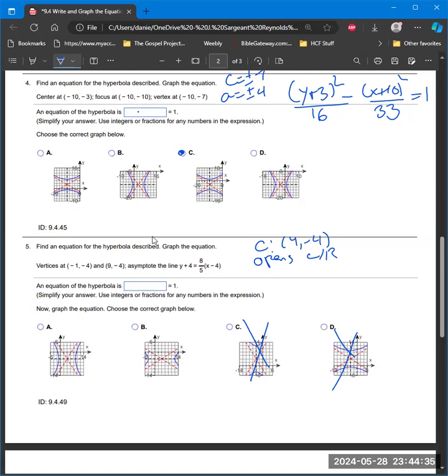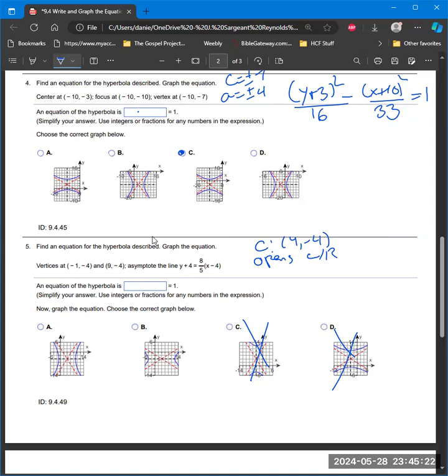So we can look at those asymptotes, centered at 4, -4. Yep. A rise of 8 and a run of 5. Rise of 8 gets me to 4. Run of 5 gets me to 9. So 9, 4.